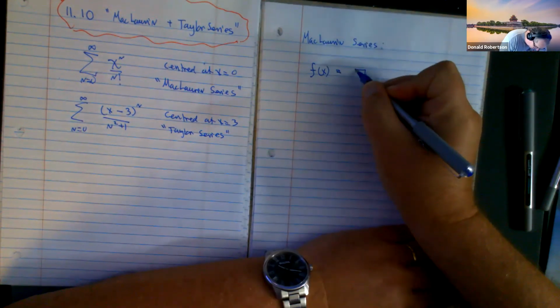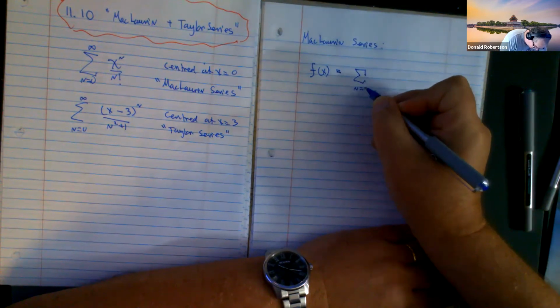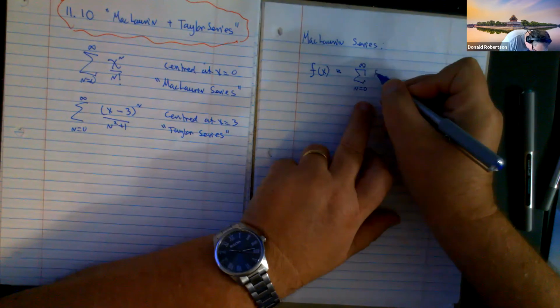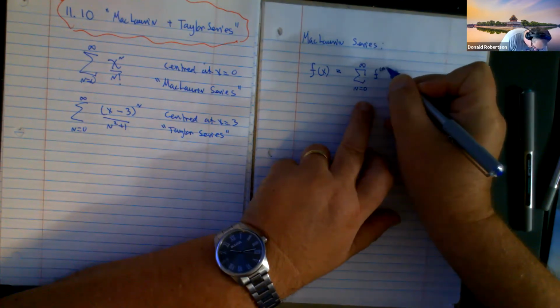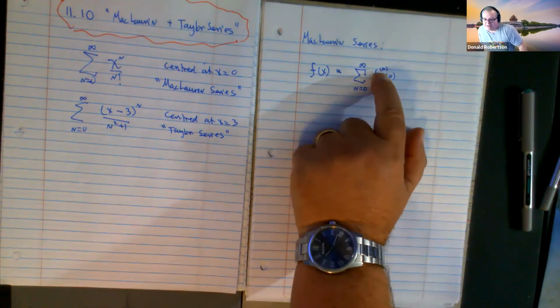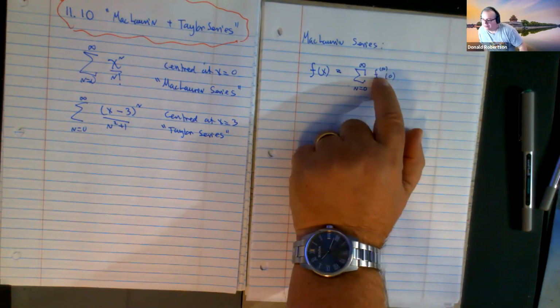It's sigma n equals 0 to infinity. Funny notation, I'll explain in a minute. F bracket n of 0. See this little bracket with an n inside it? That just means the nth derivative at 0.